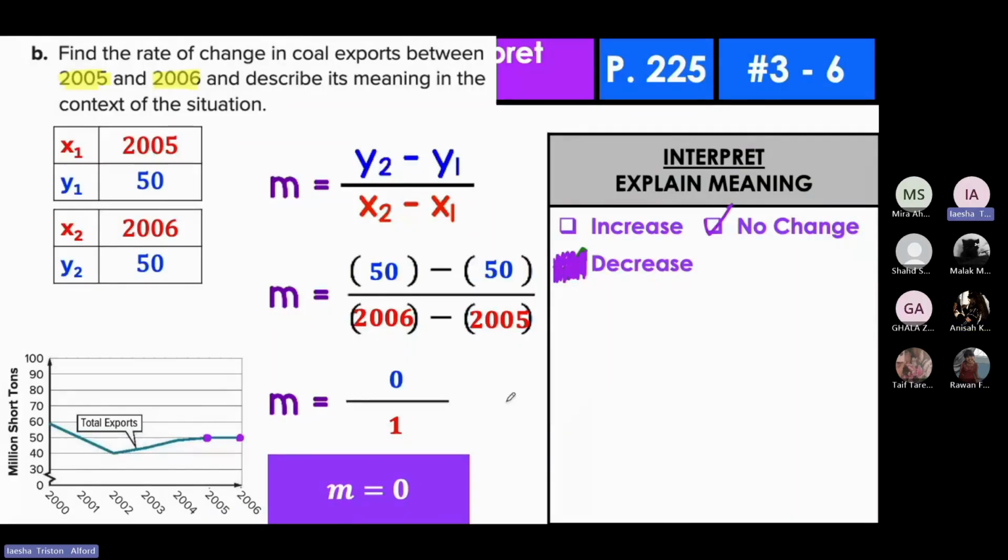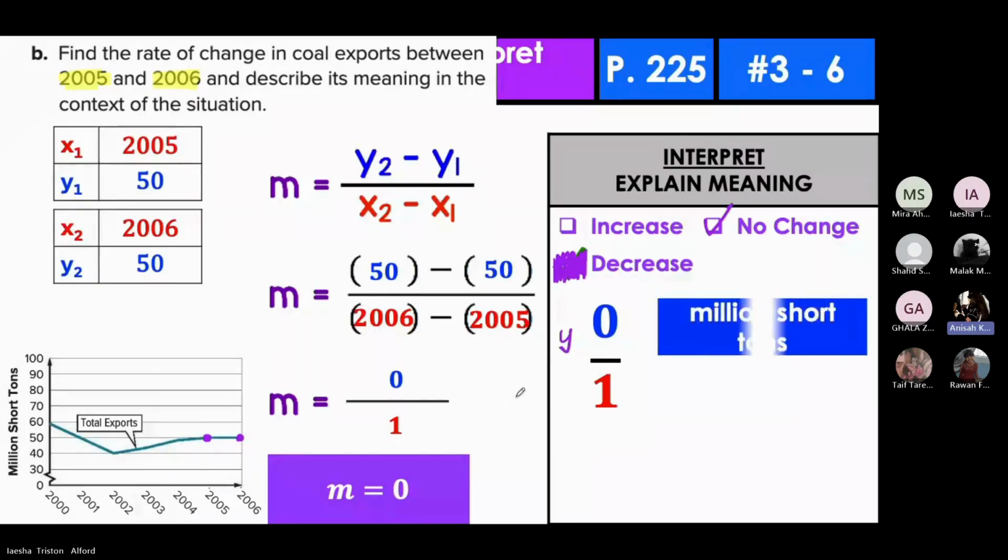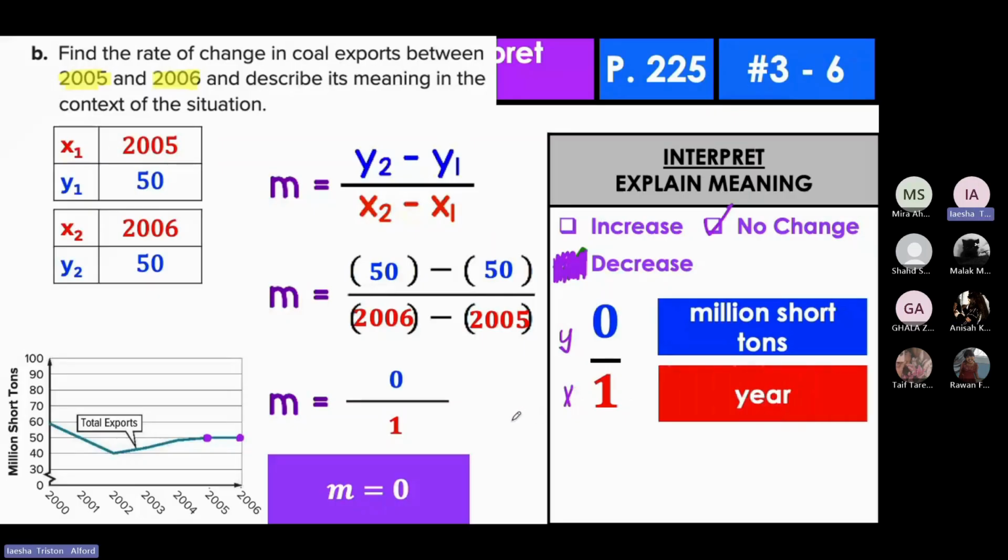Because the slope is 0. Then change in y over change in x. 0/1. What's your y word? Million short tons. What's your x word? Years. What's your sentence? 0 million short tons in each 1 year.